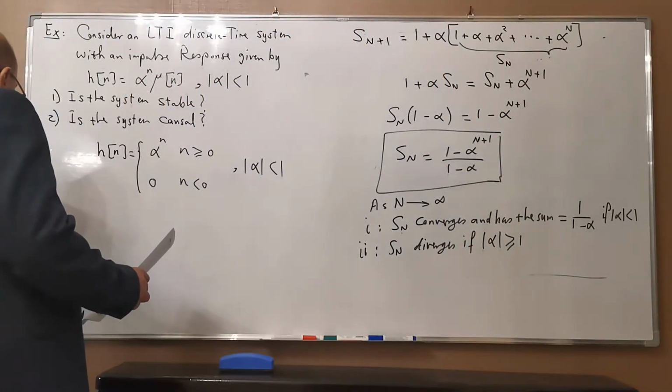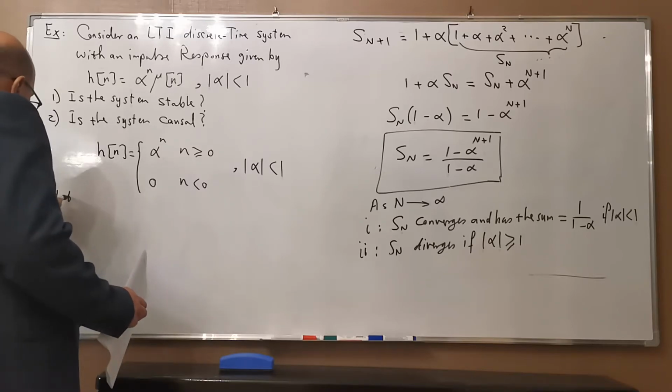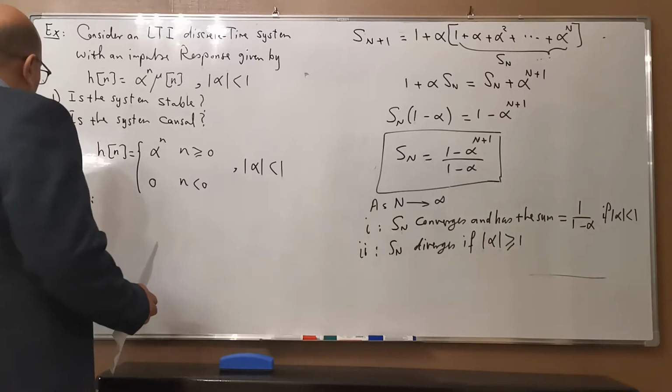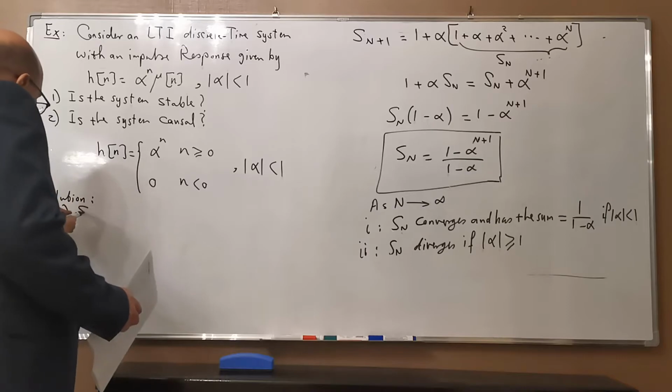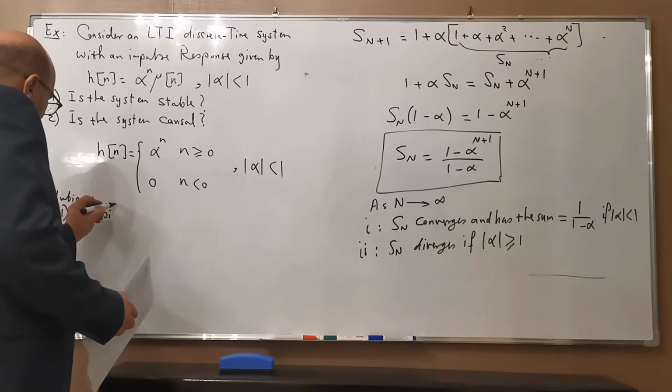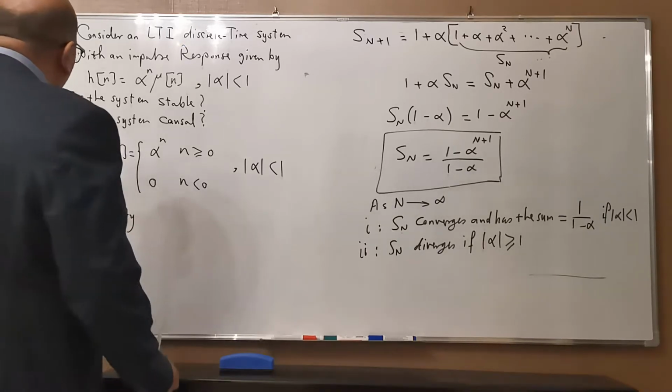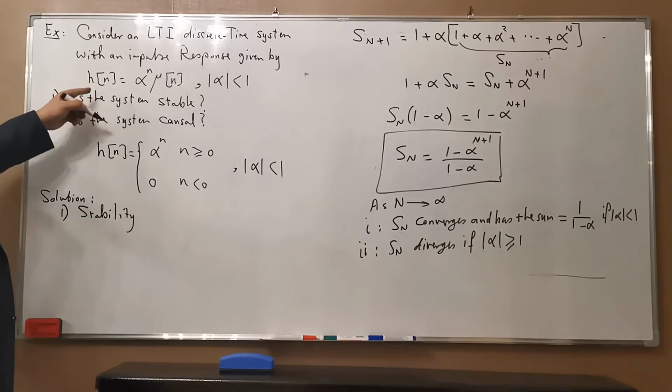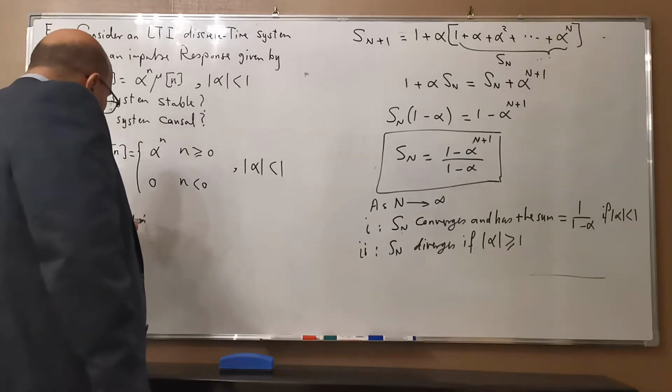To check for the stability, we have to make sure that h of n is absolutely summable.